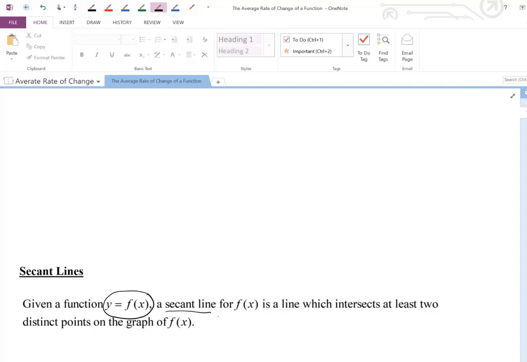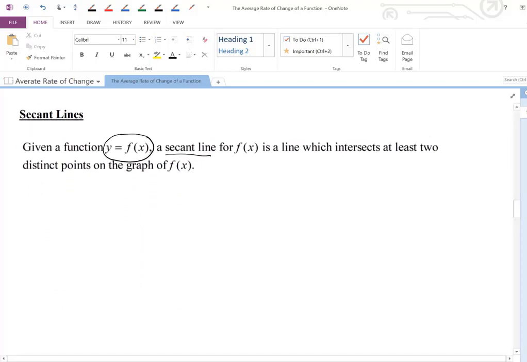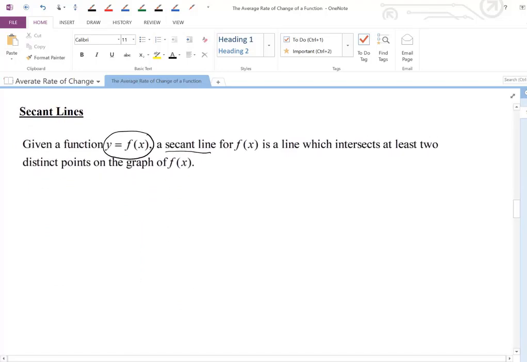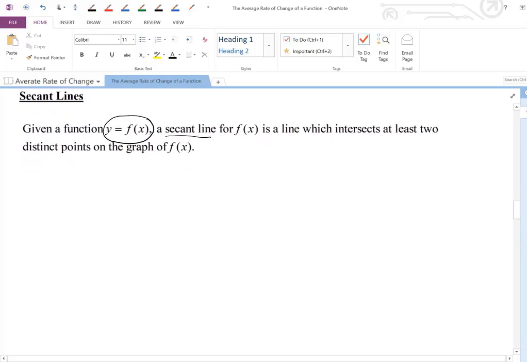These 2 points are usually given in a situation, or we have to figure out which 2 points we're considering. And it allows us to talk about what's called the average rate of change.